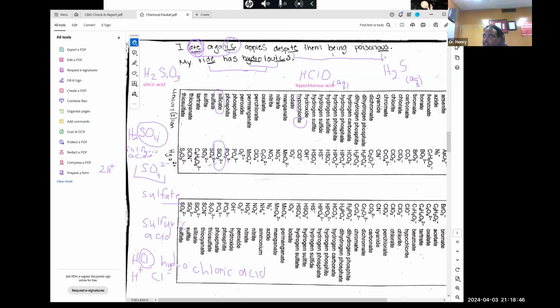With hydrogen in front and AQ, that's an acid-forming situation. So this would be called hydrosulfuric acid.